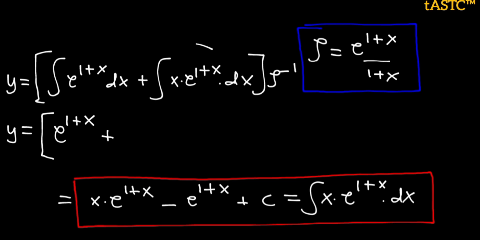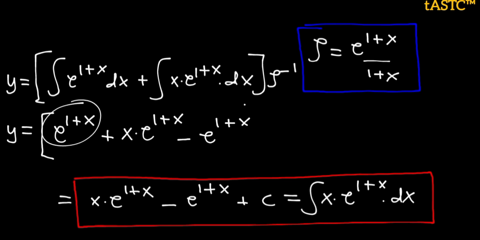And over here we have the whole of this. So that is x multiplied by e raised to the power of 1 plus x, minus e raised to the power of 1 plus x. Now we know these two are going to cancel out. So this is plus c. And we need to multiply with rho inverse.